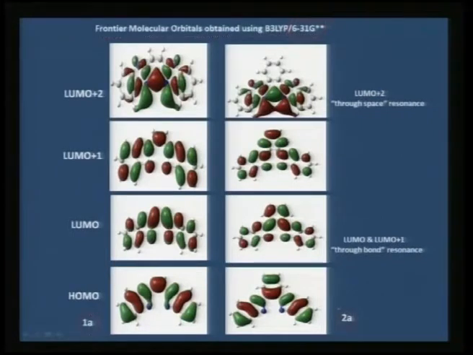Remember, the 1A molecule is nothing but 2 benzthiazole groups coupled by an ethylene linker, and the 2A molecule is nothing but 2 benzthiazole groups coupled by a phenyl linker. So, this is what we mean, and if you look at the frontier molecular orbitals, you can see in the case of HOMO, that is the highest occupied molecular orbital, the charge resonance is spread around the ring, and this also involves the alkene moiety, the ethylene moiety.